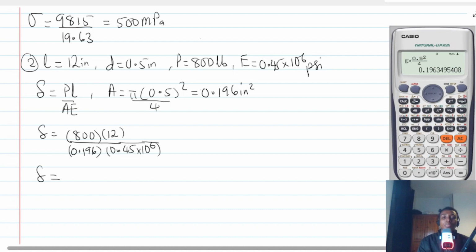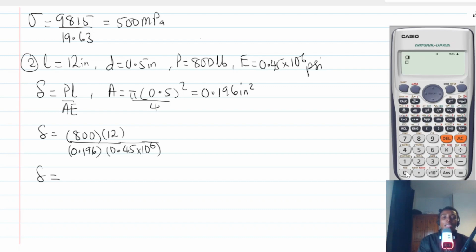Therefore, delta will be 800 multiplied by 12, divided by 0.196 multiplied by 0.45 times 10 to the power 6. So that is the elongation for you. And what are you getting?